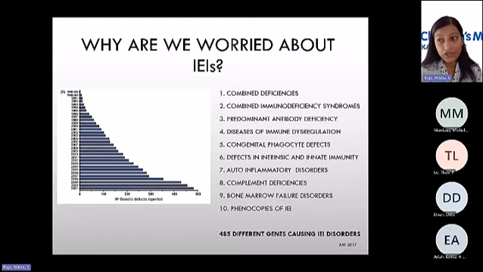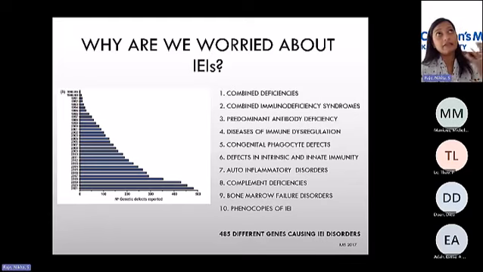So this is the classification given by the International Union of Immunological Societies that classifies IEIs into 10 categories. Combined immunodeficiencies, combined immunodeficiency syndromes, where T and B cells are both involved and other systems may be involved, predominant antibody deficiencies, there's diseases of immune dysregulation.